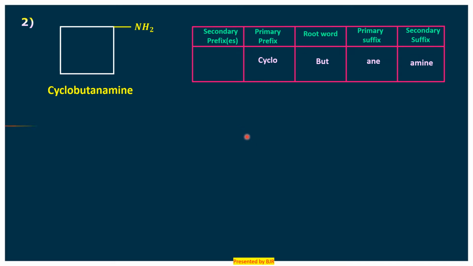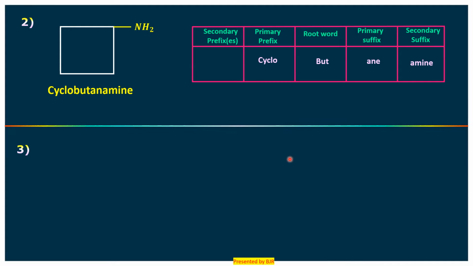Cyclobutanamine. Okay. Next, one more example. Let us see here. This is an alicyclic compound containing a ketone functional group. In the case of an alicyclic compound, when a ketone functional group is there, that carbon atom is the part of the ring only.